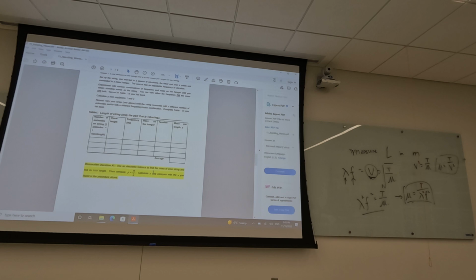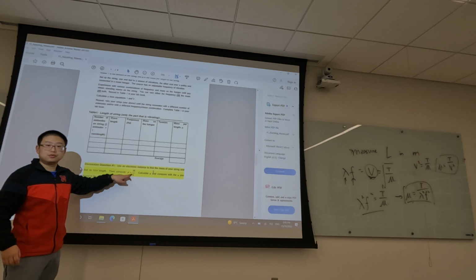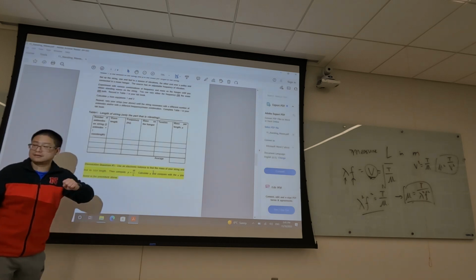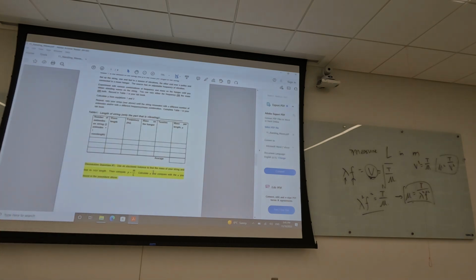That is m. Then use the ruler to measure the total length. This is the total length, this is L. This L is different from the previous L.